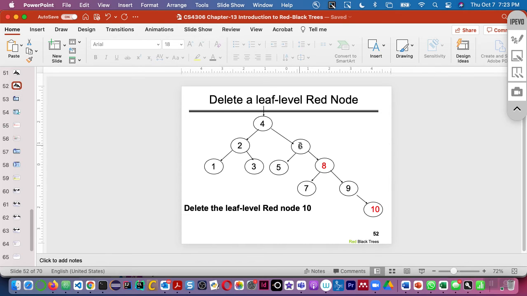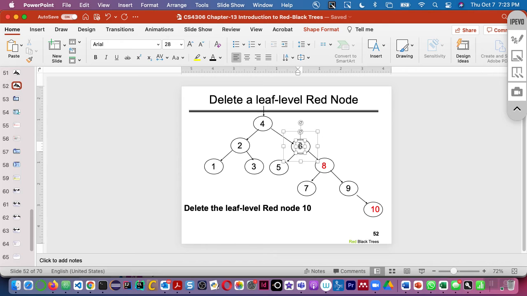We wanted to delete 6, for instance. Even for simplicity, we want to delete 5? Just deleting 5 is easy.